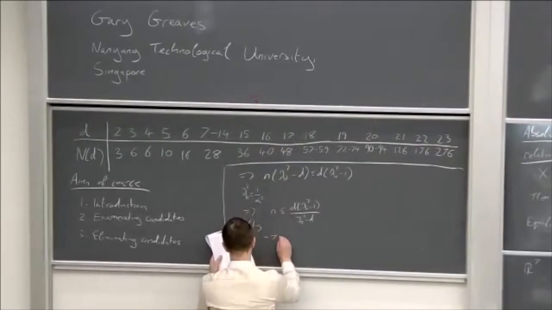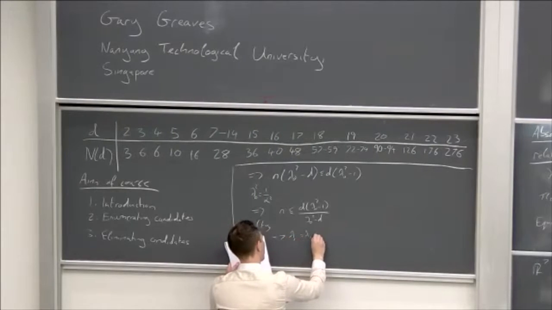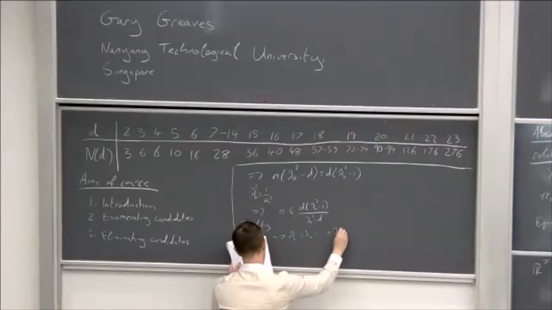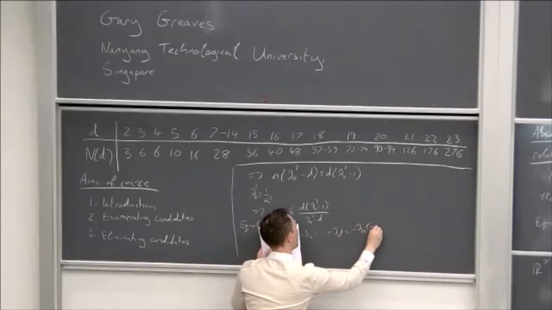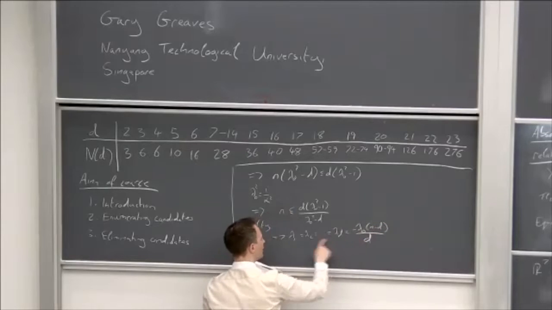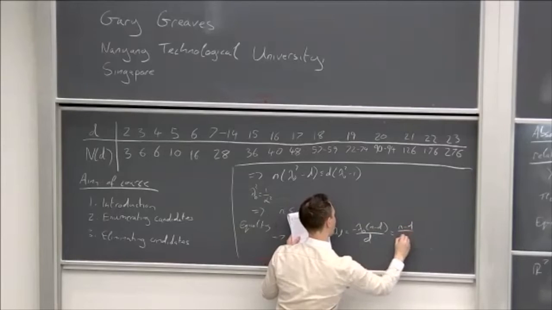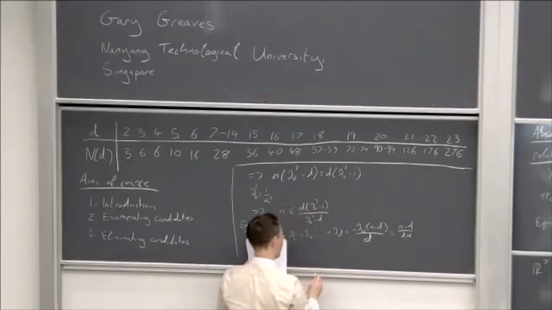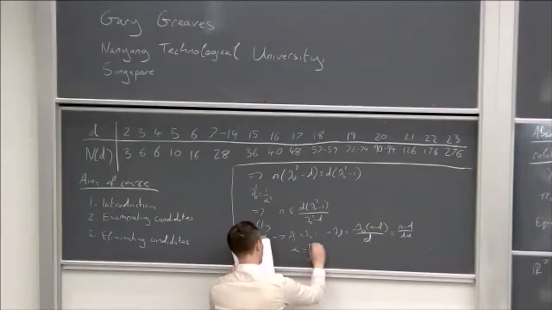So equality means that lambda 1 equals lambda 2, and so on, up to lambda d, which is equal to minus lambda 0 times n minus d over d, since there are d of them. And this is just n minus d over d alpha. And equality here also tells us that alpha is n minus d over d times n minus 1.